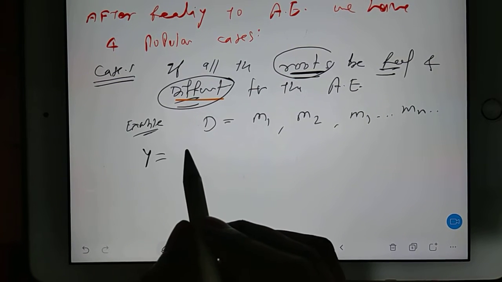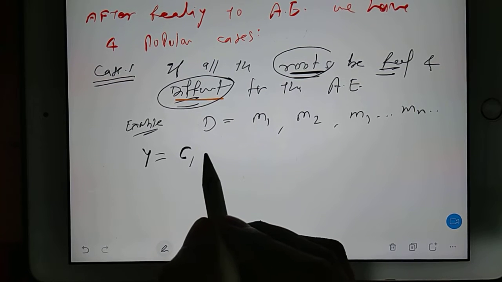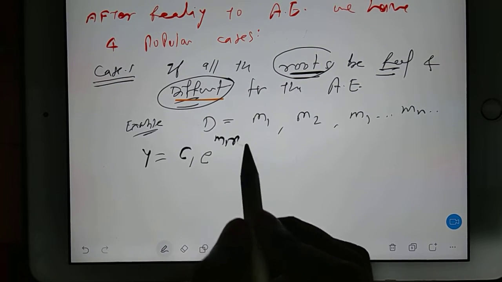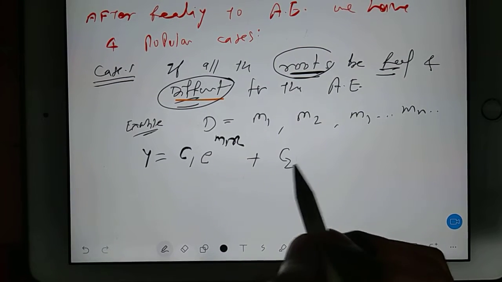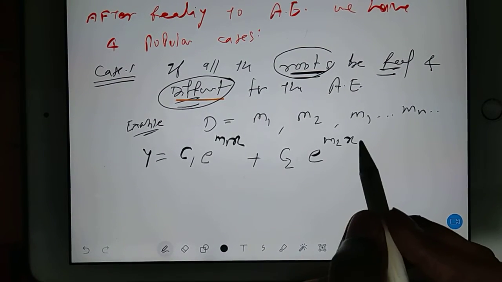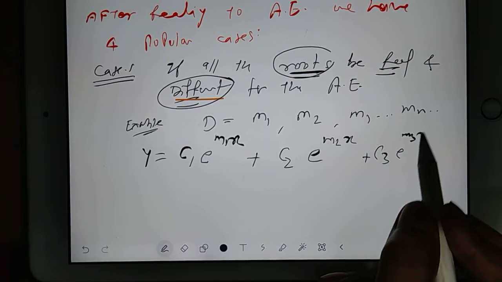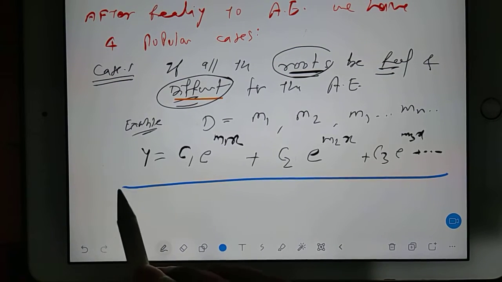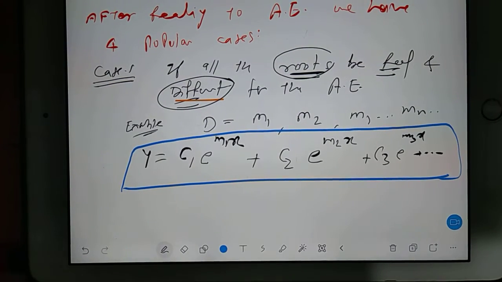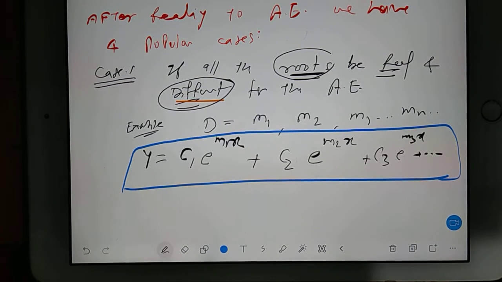Y is equal to, you put any constant here: c1 e power m1x plus c2 e power m2x plus c3 e power m3x plus and so on. This is your direct solution when you have that kind of roots.